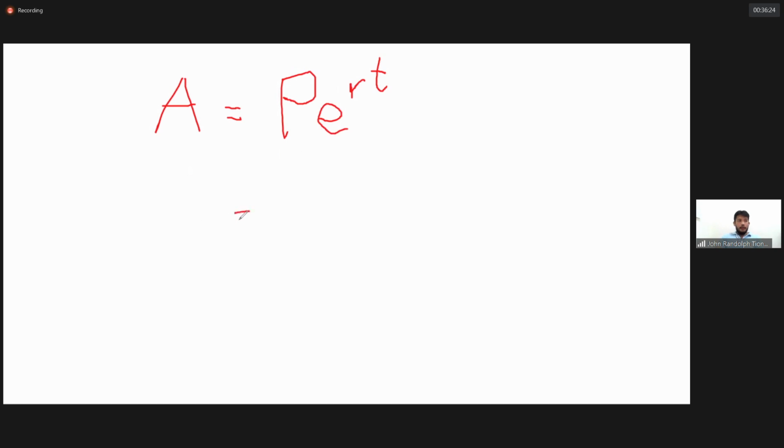Your P there is given, 100,000, multiplied by e. Yung e natin, hindi natin lagyan ng value kasi may e naman dyan sa calculator nyo, di ba? And then to the power of yung rate natin dito is 8%. 8% decimal is 0.08. Your time natin dito is 10 years, multiplied by 10.